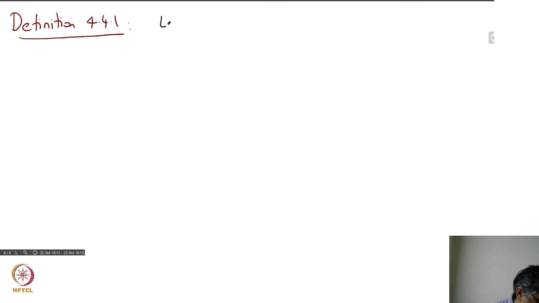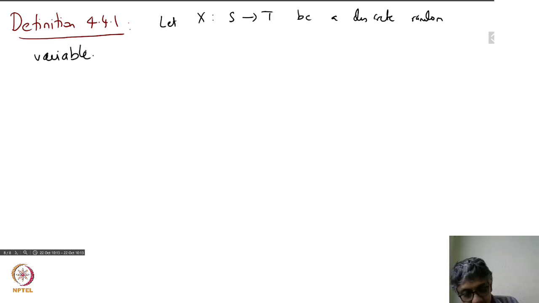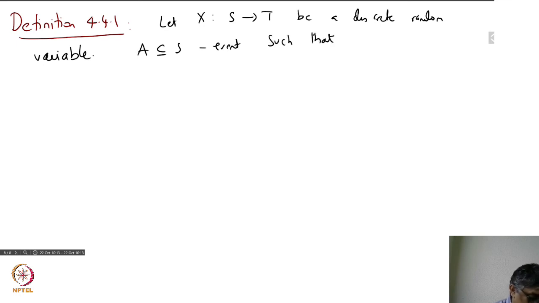Let X from S to T be a discrete random variable. Let A be an event in S such that the probability of A is positive.